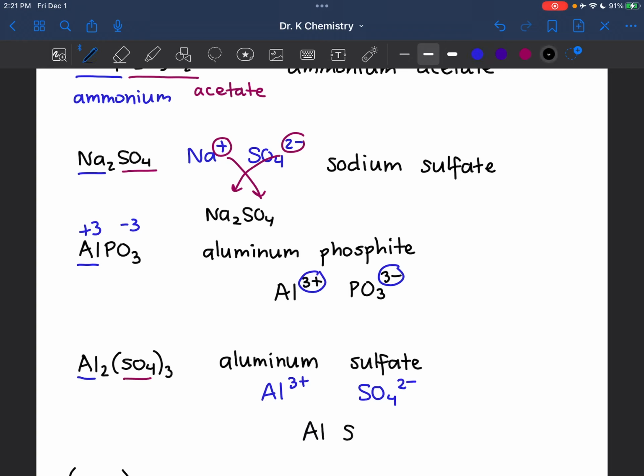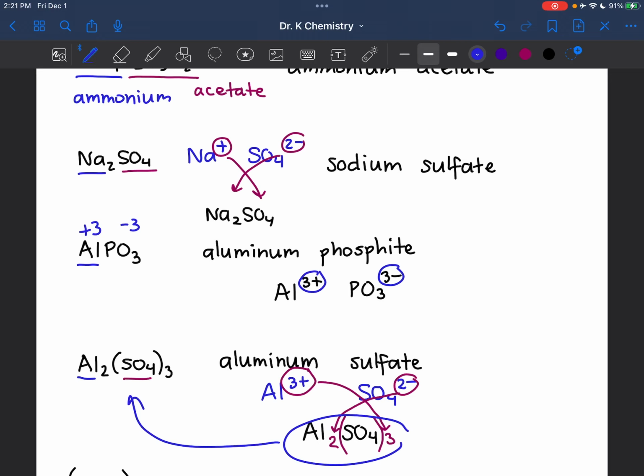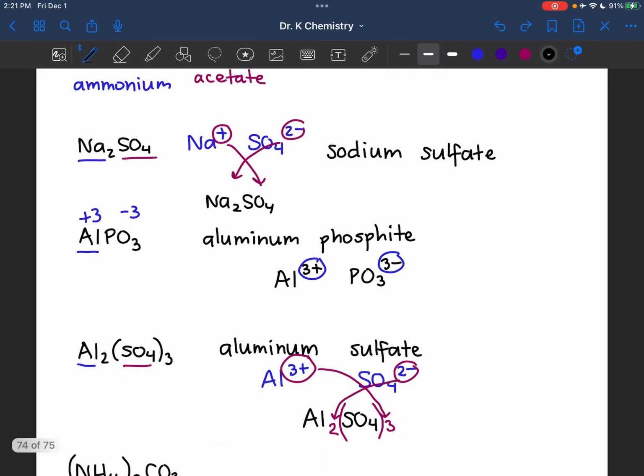So if I were to cross those charges, the 2 would go to aluminum, the 3 would go to sulfate. But I have to be careful. This has to be included in parentheses. Otherwise, it looks like there are 43 oxygens in the formula, which is just crazy. And it looks like the formula that I generated exactly matches what we had. So aluminum sulfate is the correct name here.